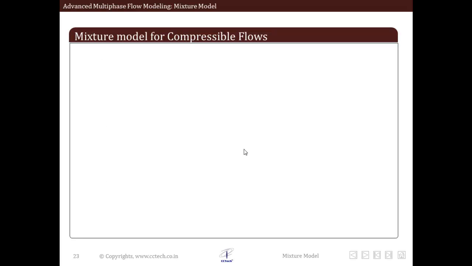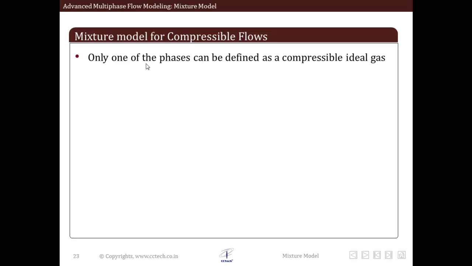After this, we will just have a short review of the options available, points that we have to take into consideration in order to use the mixture model for modeling compressible flows. Whenever we are using the mixture model for modeling compressible flows, only one of the phases can be taken as compressible ideal gas.